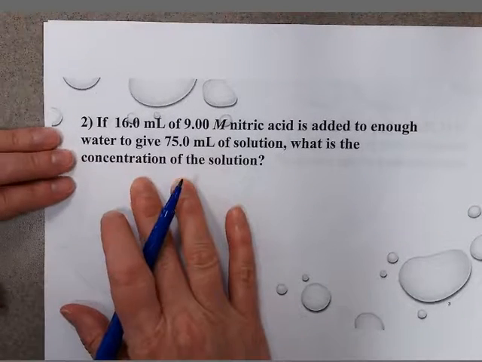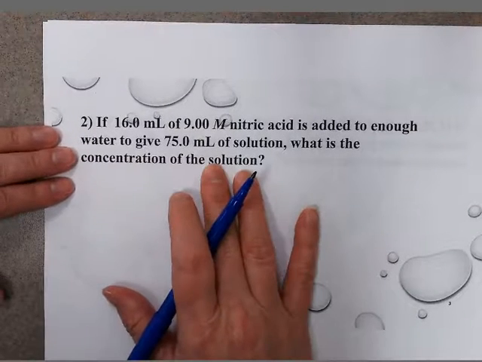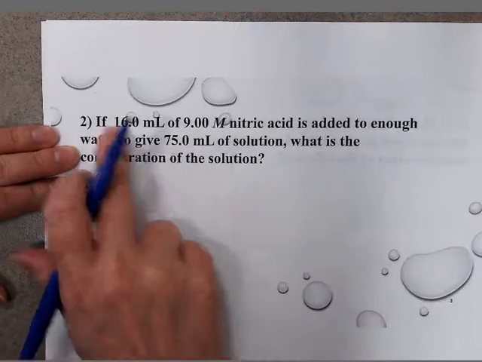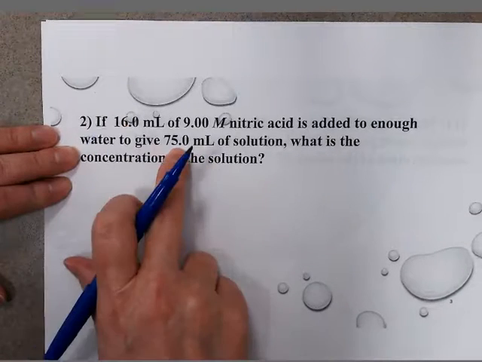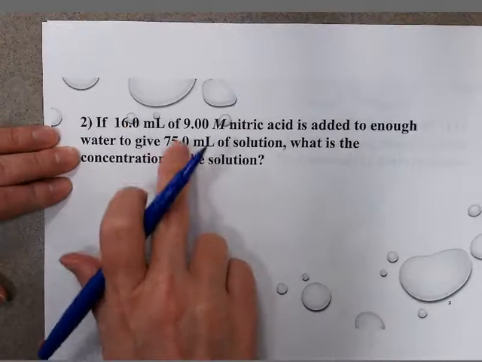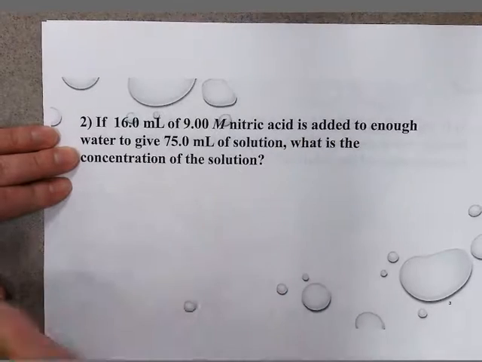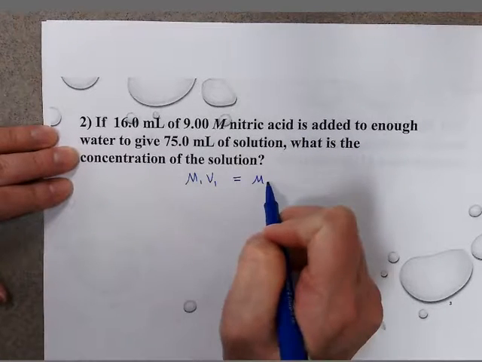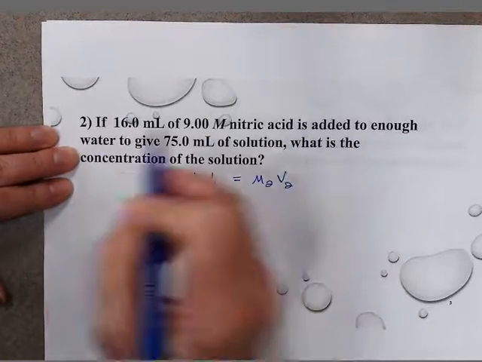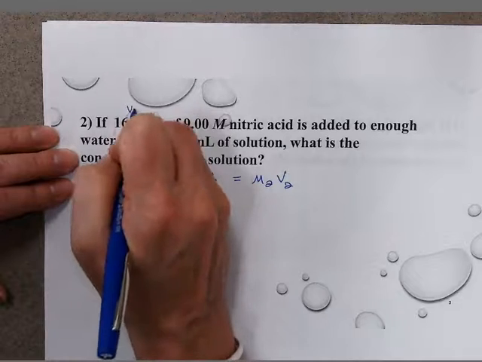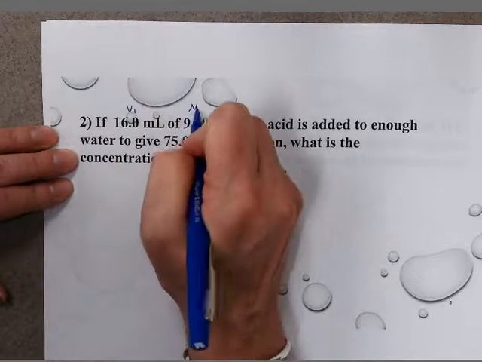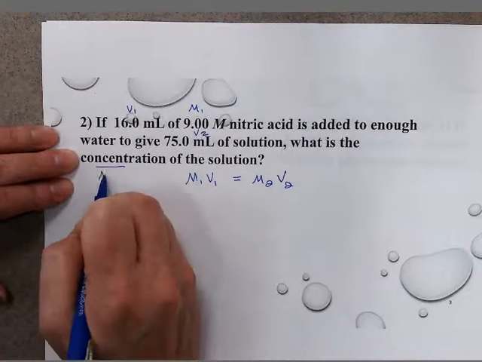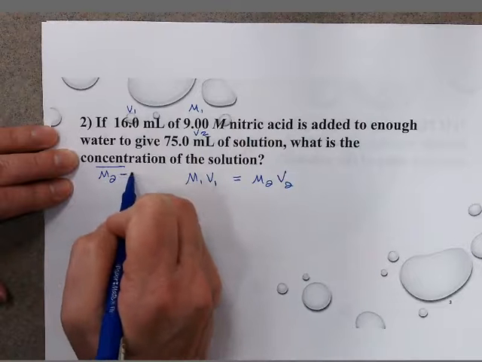So if 16 milliliters of a 9 molar nitric acid solution is added to enough water to make 75 milliliters, so we're going to dilute 16 mils of this concentration into 75, what is the new concentration? Same problem. So we find that this is our initial volume, initial concentration, new volume, and we're finding the final concentration.